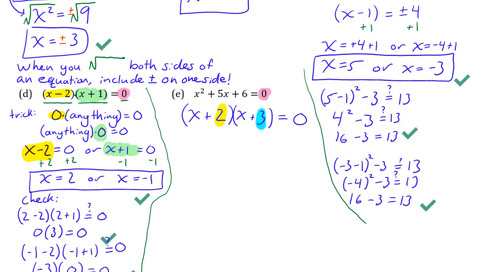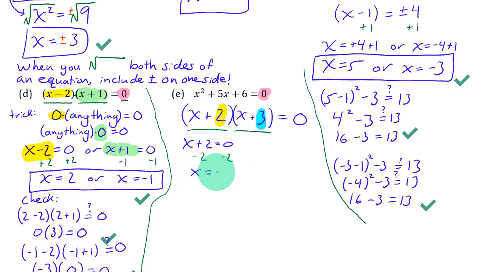If you want to check that by foiling, pause the video right now. That's a good idea, because foiling practice is important for understanding this stuff. So we've got it factored on the left side, and the two parts here are multiplying to make 0. So those two factors, x plus 2 or x plus 3, could be 0. So if x plus 2 is equal to 0, you could subtract 2 from both sides.